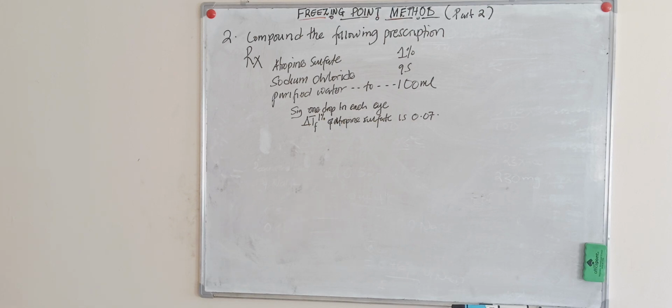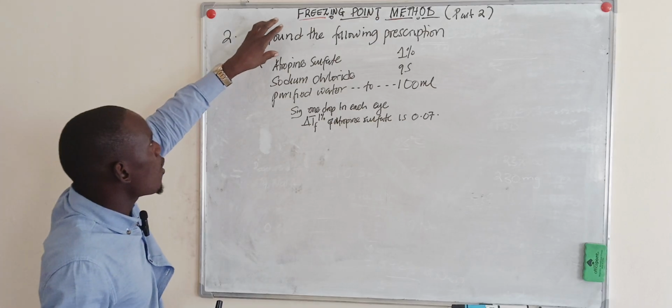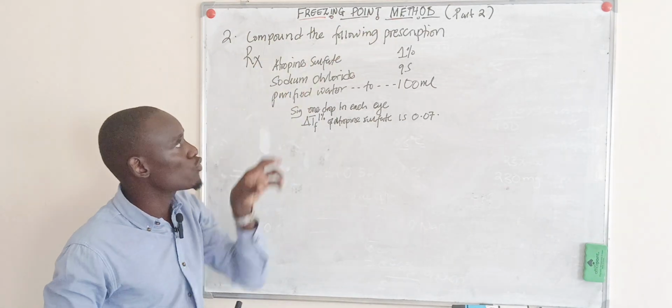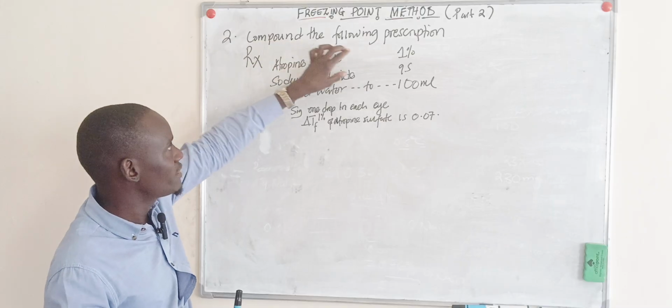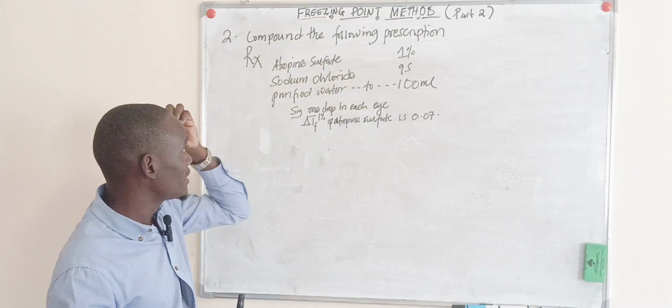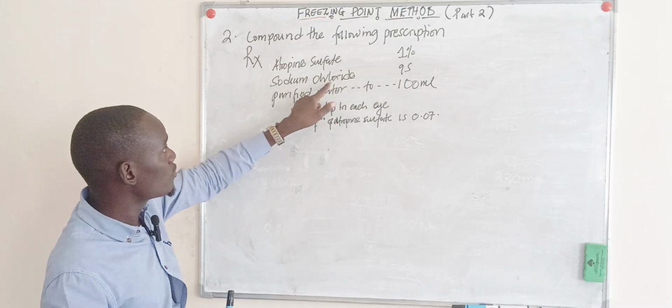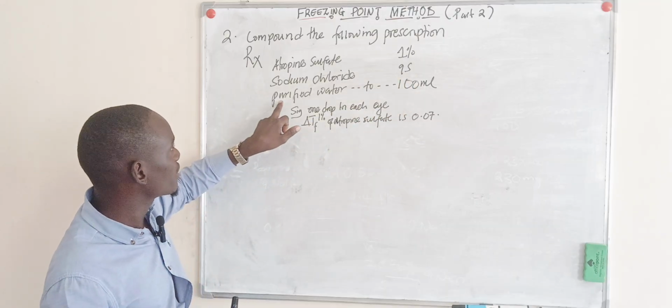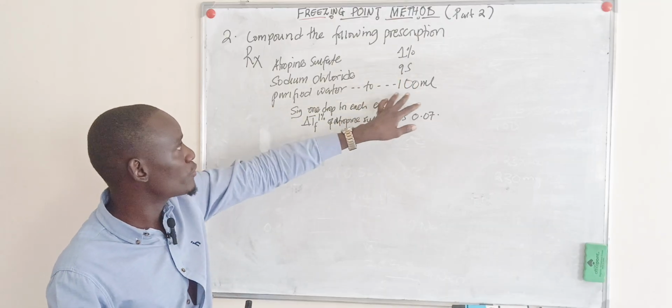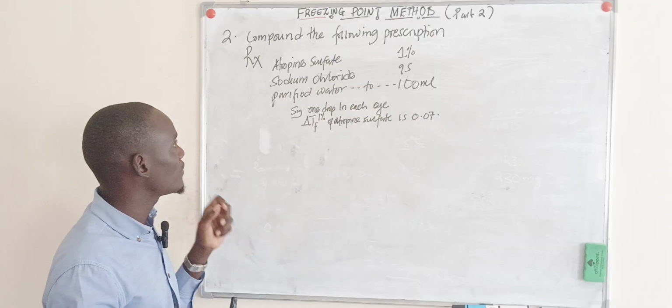In our second example, they are asking us to compound the following prescription. They have given us atropine sulfate, 1%. They have given us sodium chloride, quantity sufficient. They have given us purified water, add up to 100 mils.